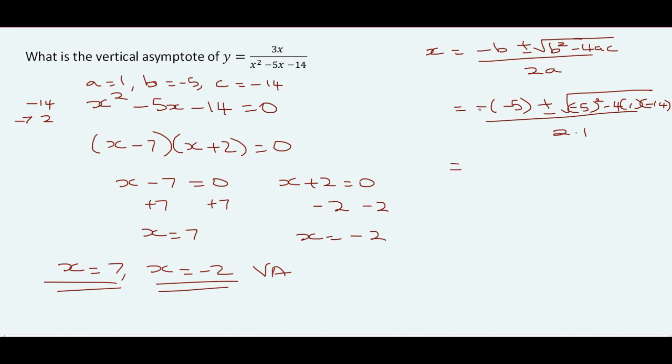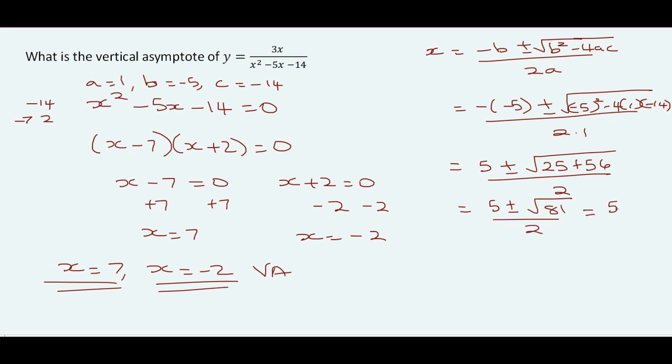So minus minus here is going to give us 5 plus or minus square root of negative 5 squared, which is 25, minus 4 times 1 times minus 14, which is plus 56, divided by 2. That is 5 plus or minus square root of 81 divided by 2, which gives us 5 plus or minus 9 divided by 2.